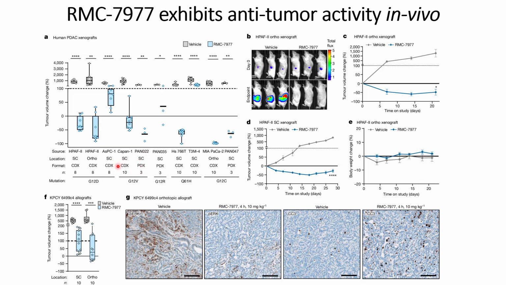First one is cell line derived xenograft, another one is patient derived xenograft, and they check the effect of RMC-7977 on the mice which are injected with this cell line derived xenograft or patient derived xenograft, and they use two different methods. First one is subcutaneous injection and another one is orthogonal injection, and these are the name of the source that is shown here.